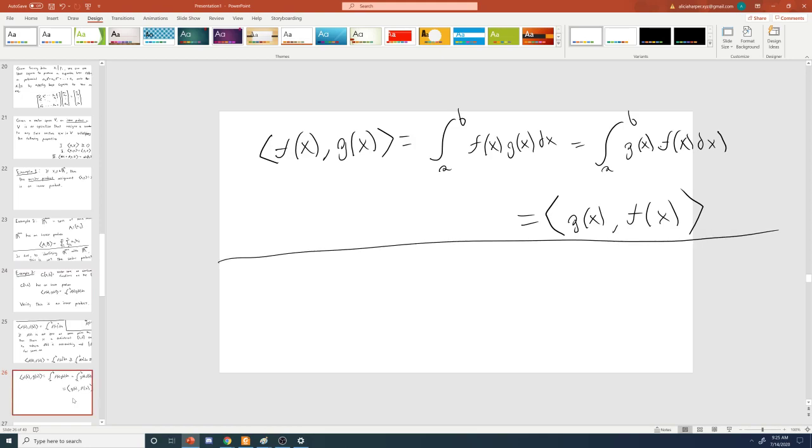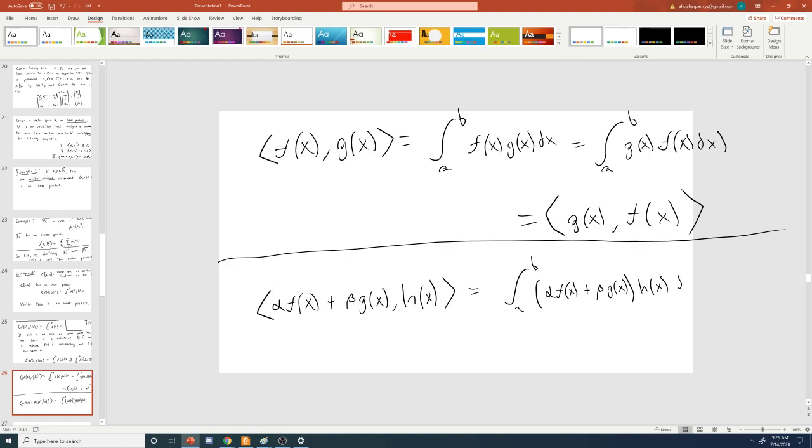And then the final verification, what we have to do here is look at alpha f of x plus beta g of x, and now I'm taking the quote-unquote inner product of this with h of x, and so this should be the same thing as the integral from a to b of alpha f of x plus beta g of x, all multiplied by h of x dx.